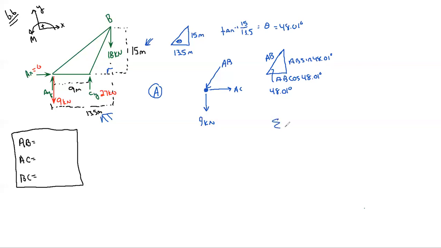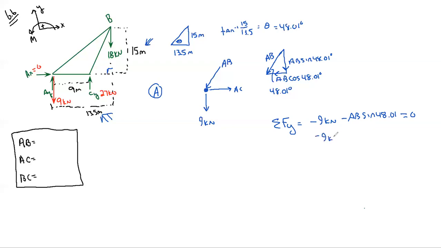Looking at summation of the forces in the y direction, we have -9 kilonewtons. If I have AB going that way, that means y would be going down and x would be going from right to left. So I'd get negative AB sine 48.01. You probably see that I have guessed wrong. Add AB sine 48.01 to both sides.